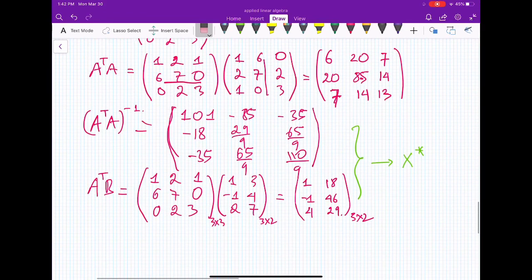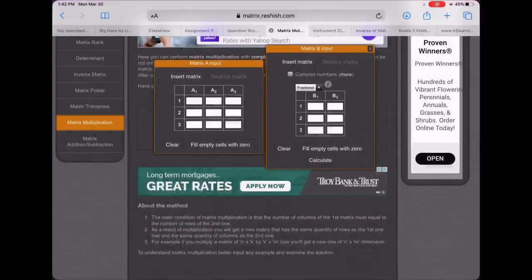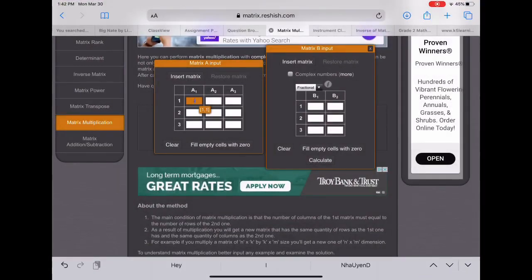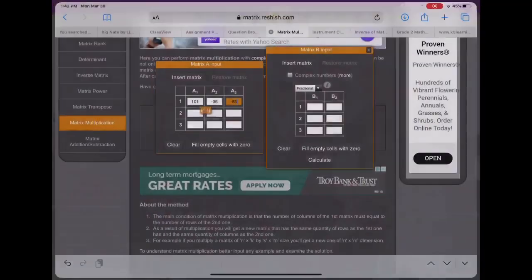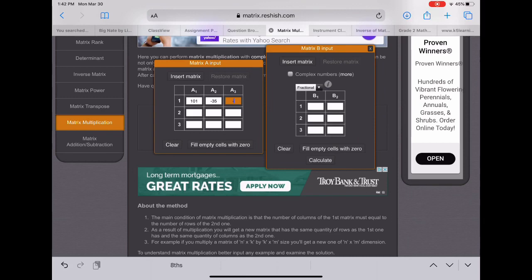The first matrix is 101, negative 85, negative 35, 101, negative 35, negative 85. No, negative 85, 35, sorry. 35 in here, and negative 85 in here.